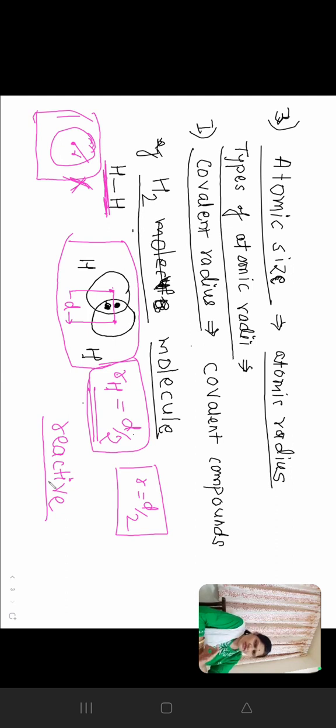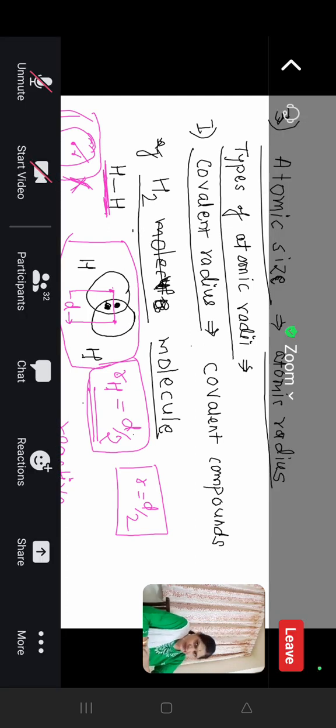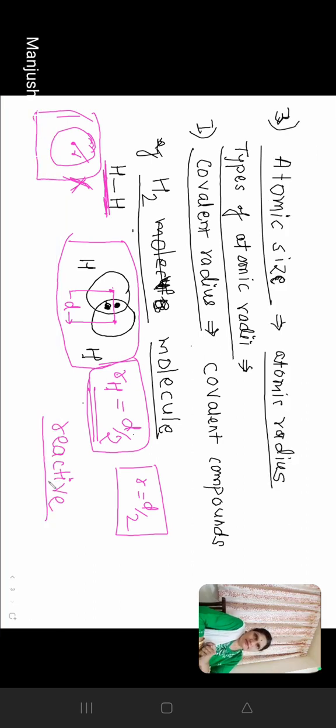It is very difficult to measure radius of single atom because atoms are highly reactive and actually they do not exist in free state. They do not exist independently, but there is again the exception of inert gases.